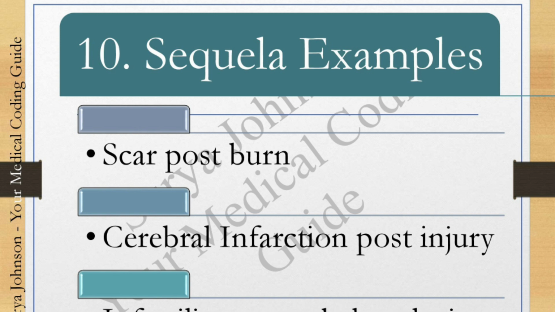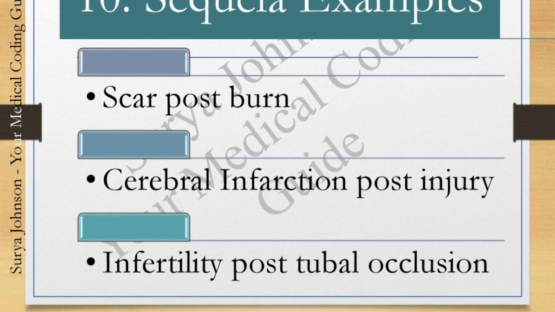So in this case, the cerebral infarction is related to that injury that has happened long back. So that's a sequelae. The next example is the patient has a tubal occlusion. After some months or some years, the patient might develop infertility. So this infertility is a sequelae of that tubal occlusion.